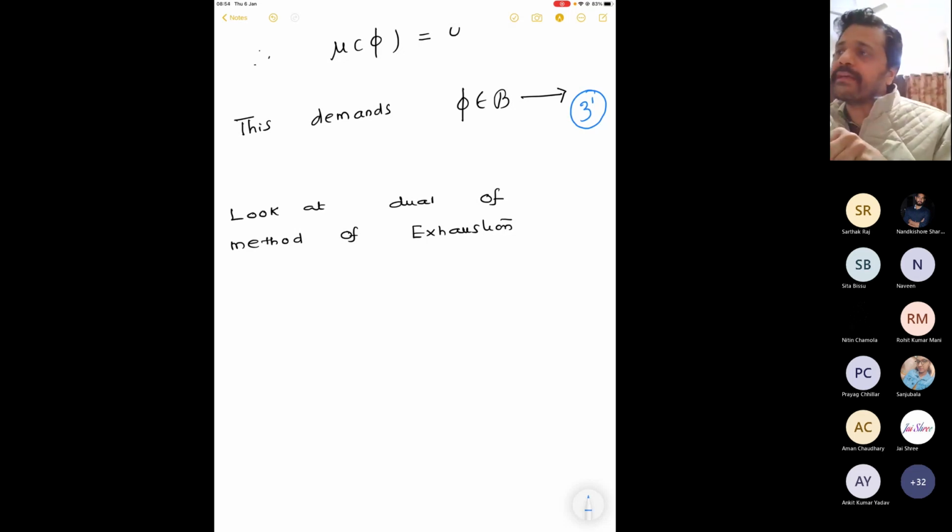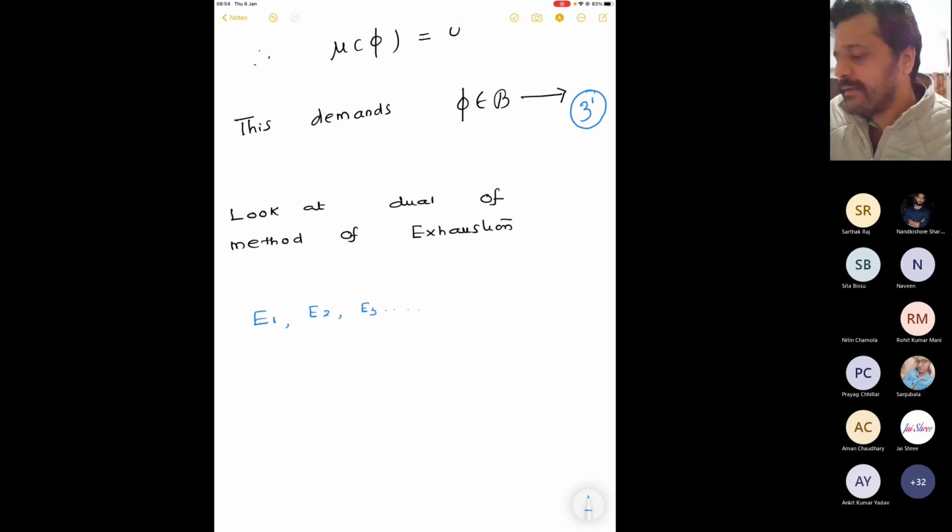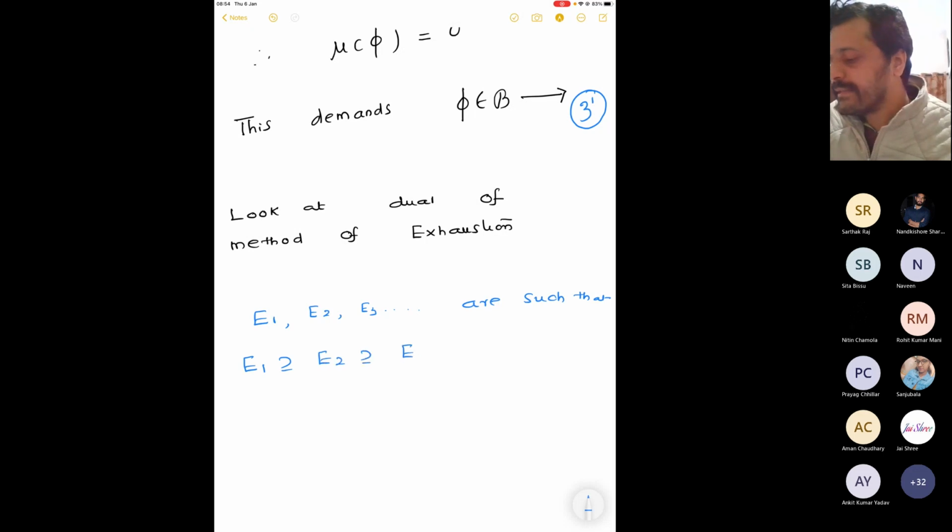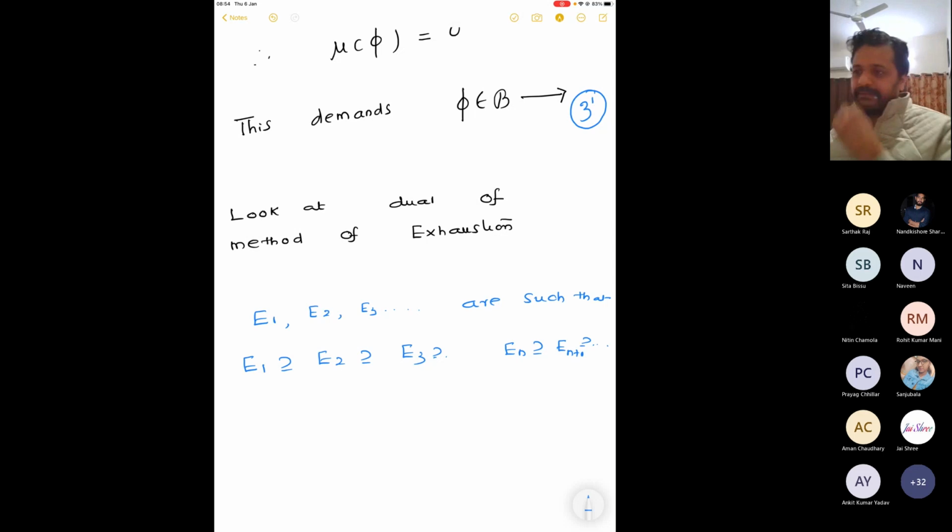Now we want to make circumscription. So that means we want E1, E2, E3 etc. such that E1 contains E2 contains E3 contains etc. En contains En plus 1. So this is something like monotonically decreasing.